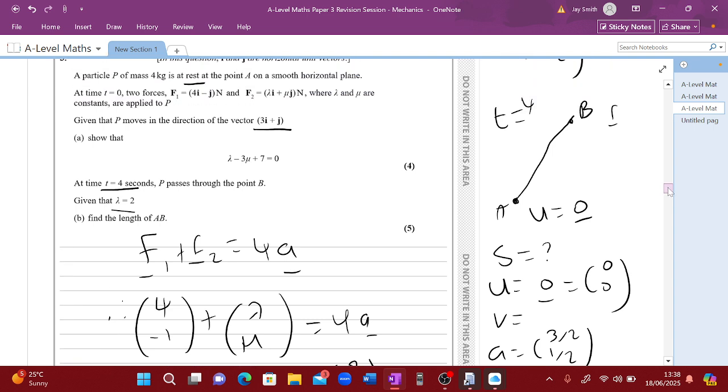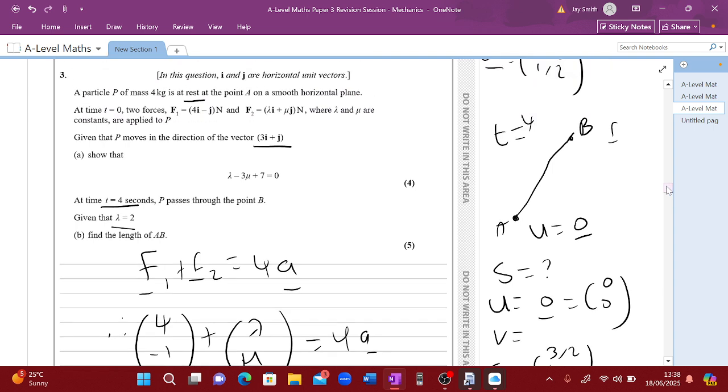And in this particular case, unlike variable acceleration, where the displacement R gives you the position vector, with constant acceleration the value of S or R that you get gives you the displacement travelled between the 2 points. In other words, AB. It does not give you the position vector of B this time.